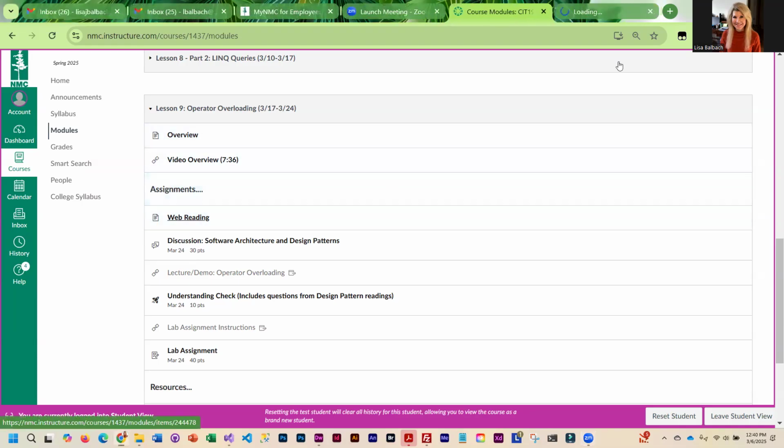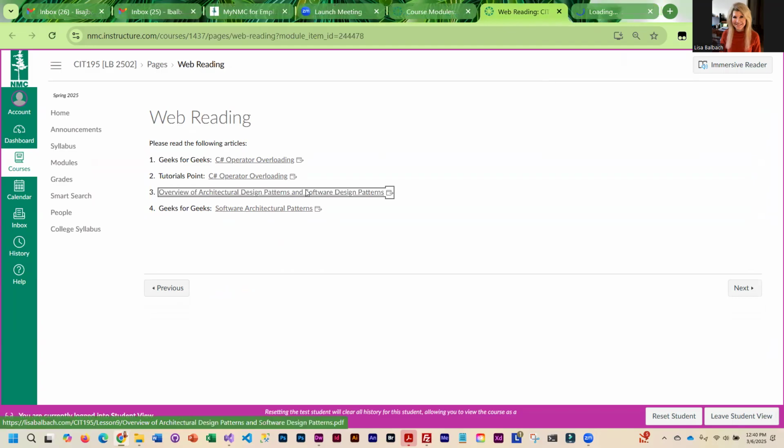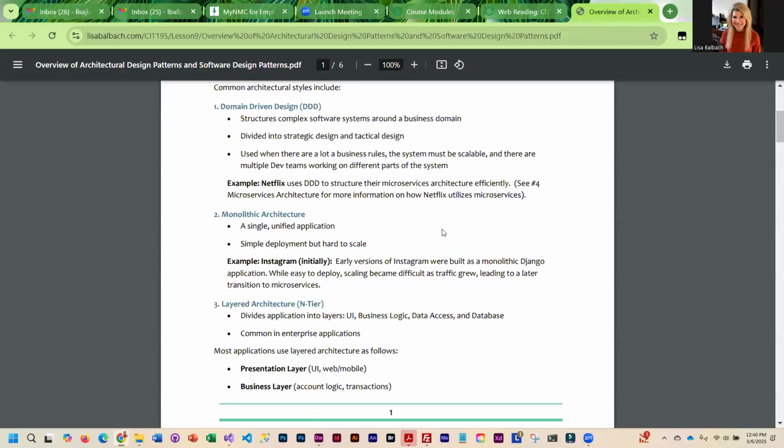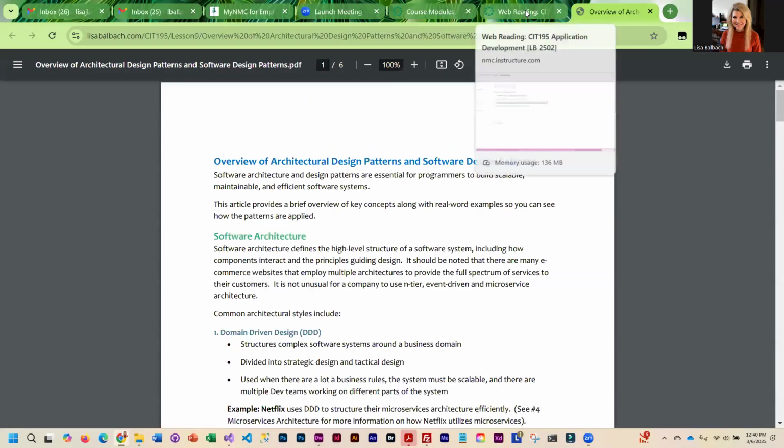So the web reading does cover overloaded operators. And I also included architectural patterns. The first article is one that I put together for you, kind of in a nutshell what they are.